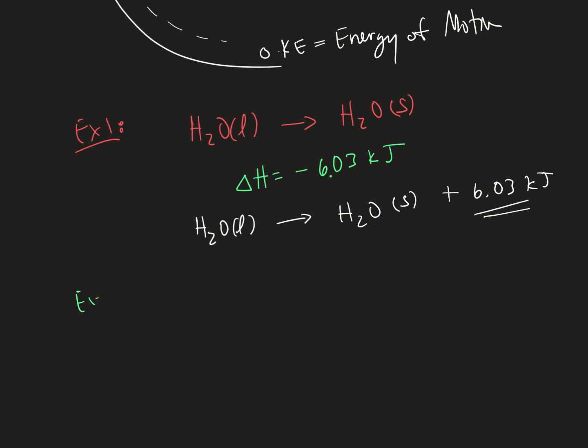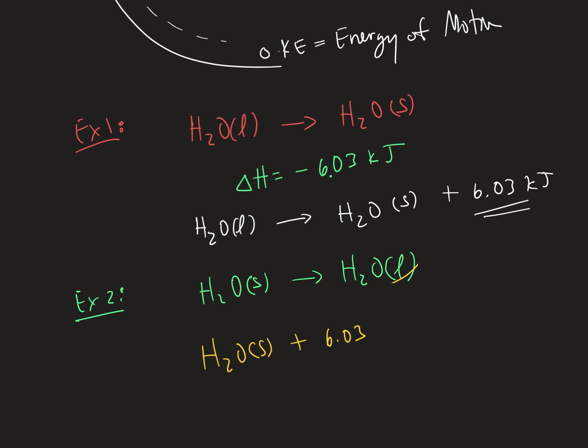What if we flip it? So now we have H2O as a solid going to H2O as a liquid. How would we write that equation now? H2O as a solid plus 6.03 kilojoules goes to H2O as a liquid. And this time, delta H is a positive value because we flipped it. We reversed it, right?